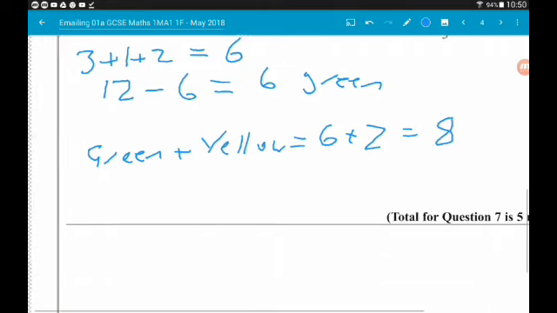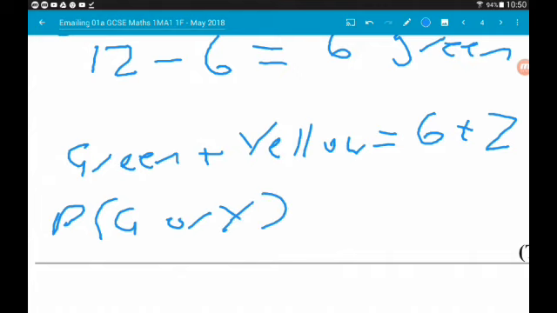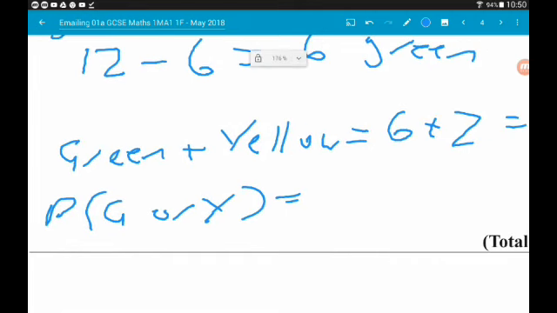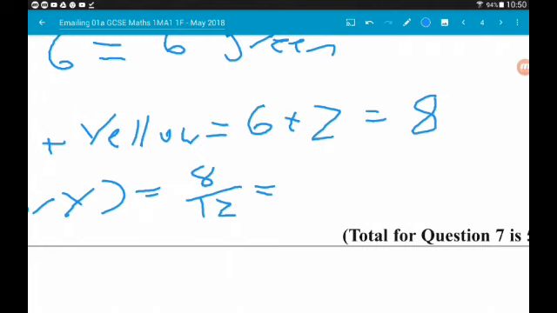So the probability of green or yellow, the chance that we get a green or a yellow counter is 8 out of 12, which has a common factor of 4, so it's 2/3 as we wanted.